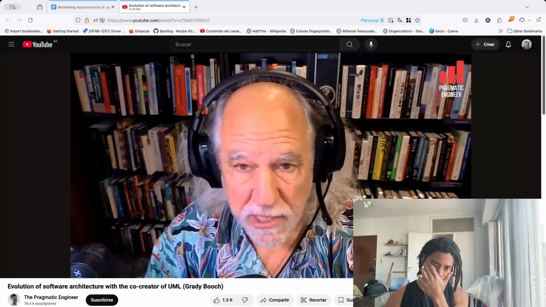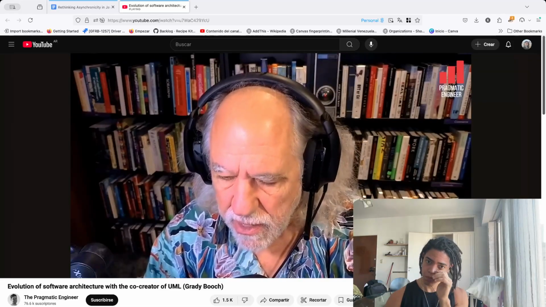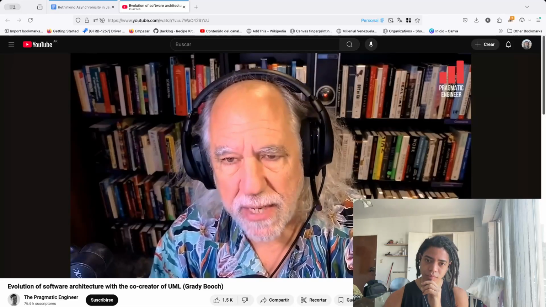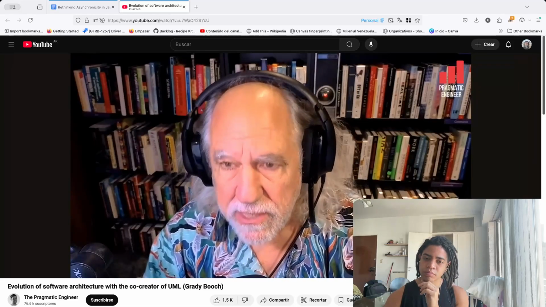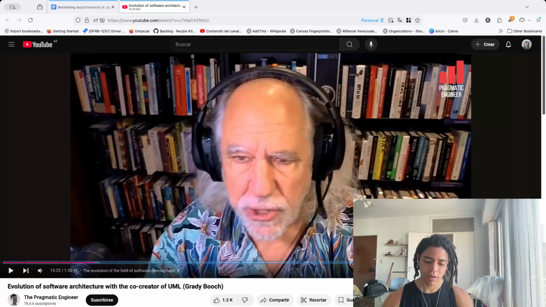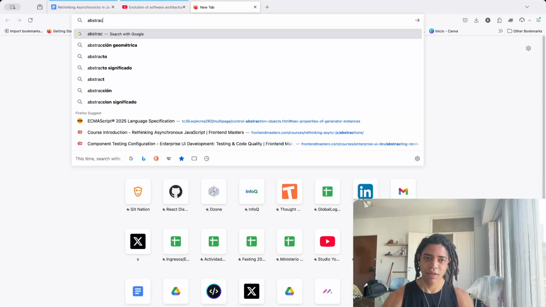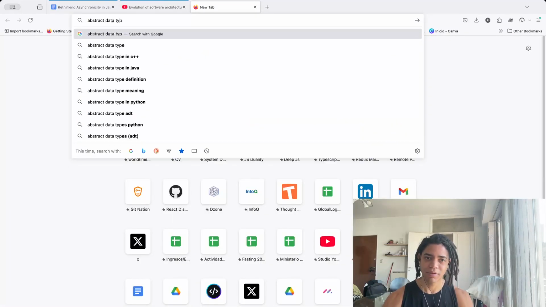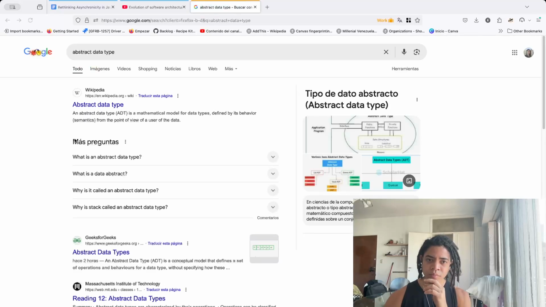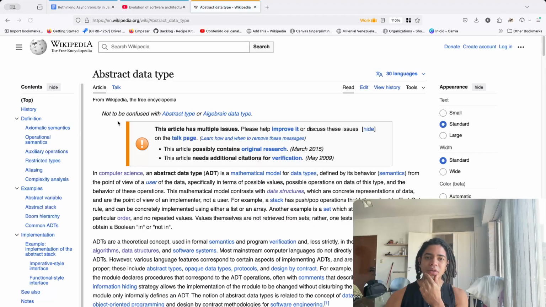It was a language that was influenced by Simula and Smalltalk and others, but used the ideas of abstract data types from Liskov and Guttag and others. An abstract data type is a mathematical model for a data type, defining its behavior from the point of view of a user of the data.